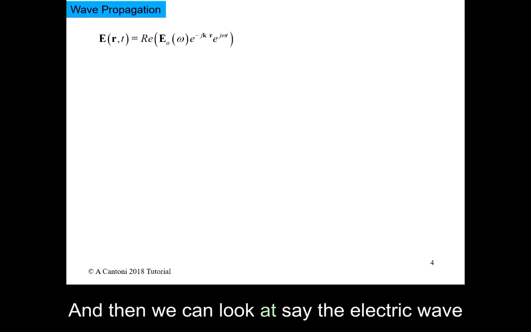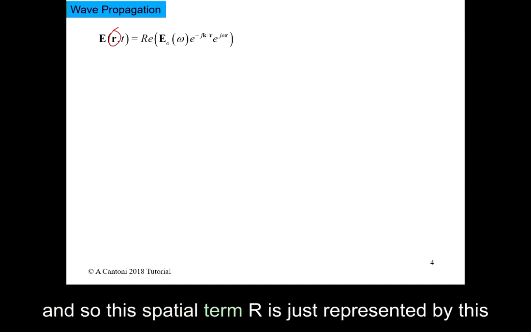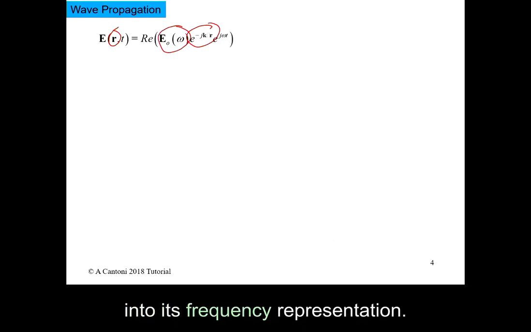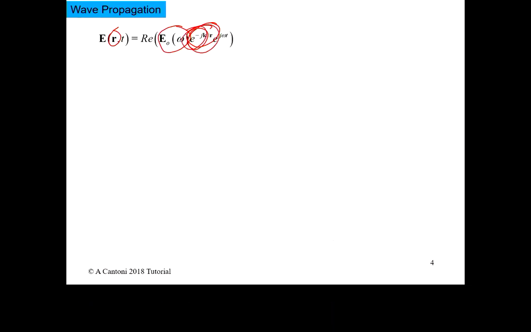Then we can look at, say, the electric wave, and the spatial term, r, is represented by this. So our wave is split up into its frequency representation, and this term here is representing the spatial part.